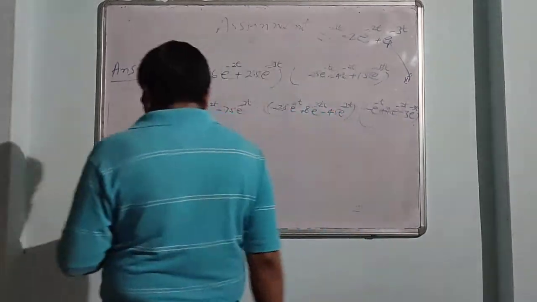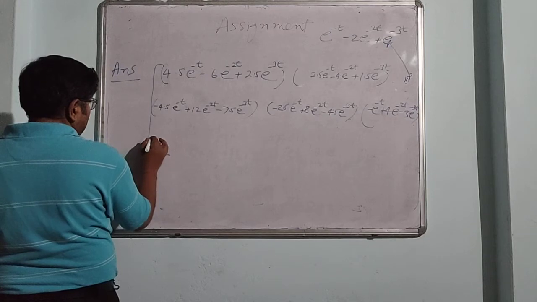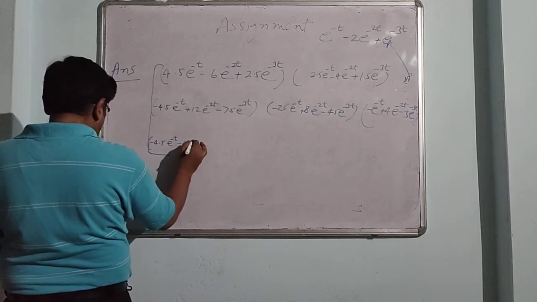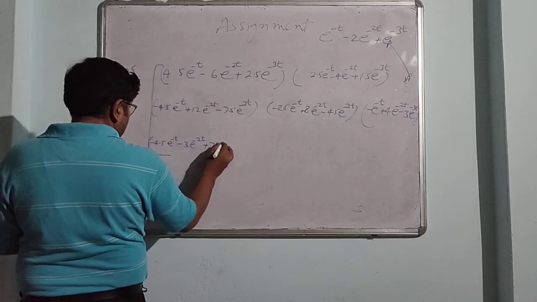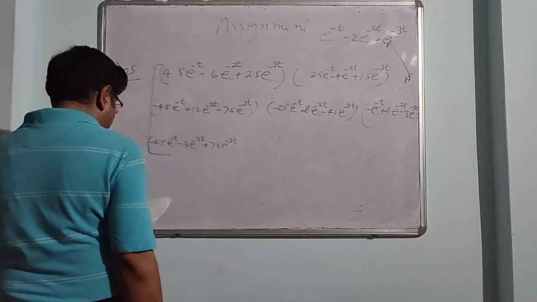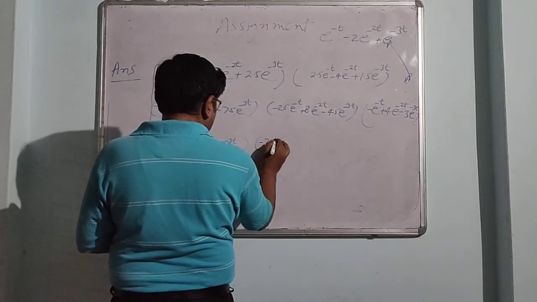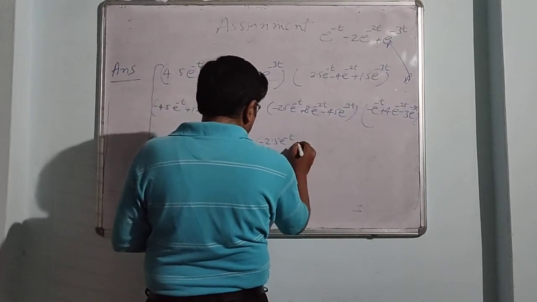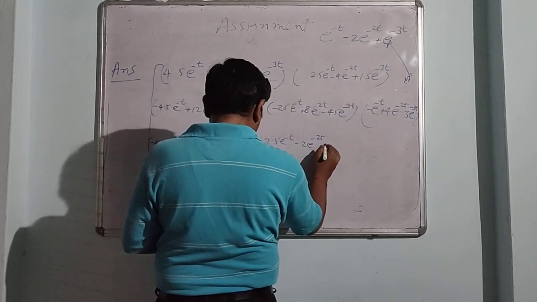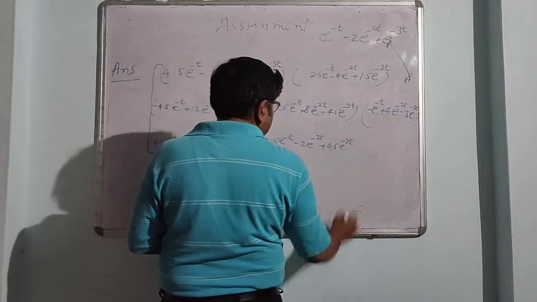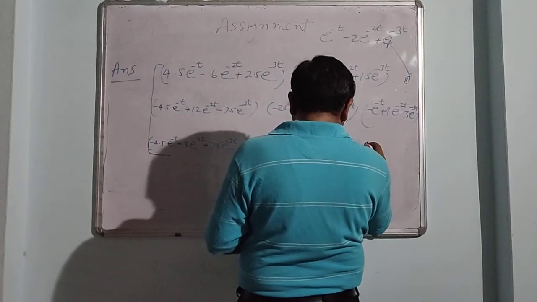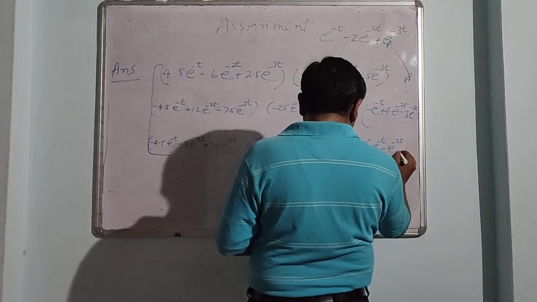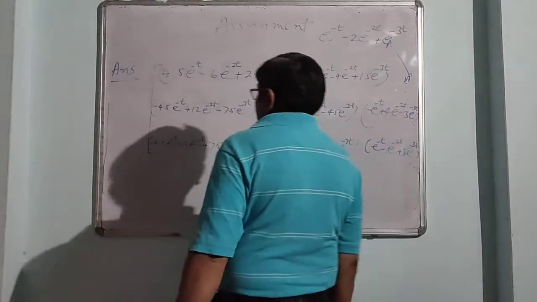So this is the third term. And the last row, minus 4.5 e to the power minus t, minus 2t, here the second term is minus 2.5, and 4.5 e to the power minus 3t.